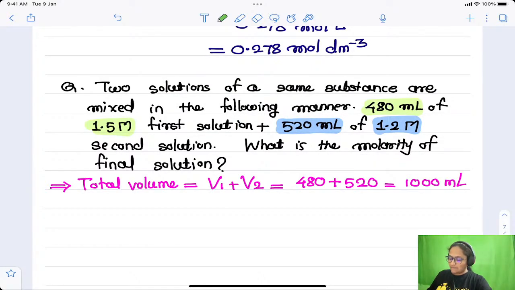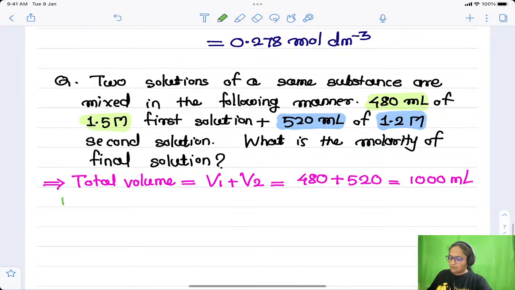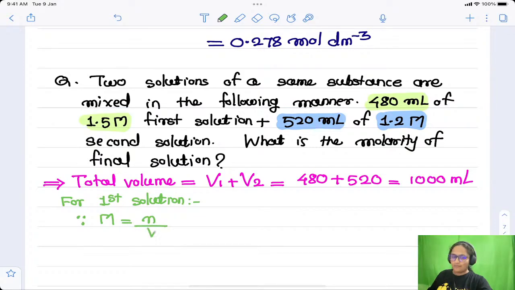Let us see how to do it for the first solution. Let us find out the number of moles. As we know, molarity is equal to number of moles divided by volume, where the volume of the solution is in liters.